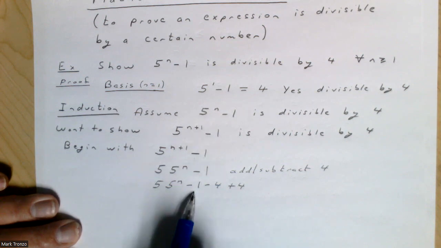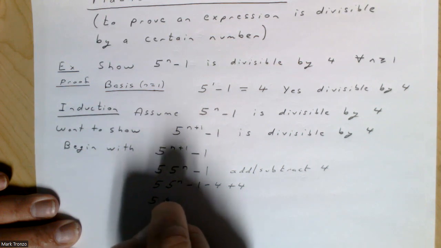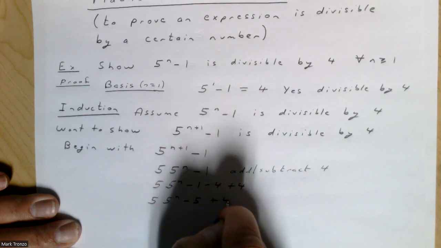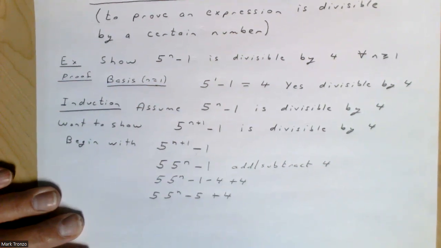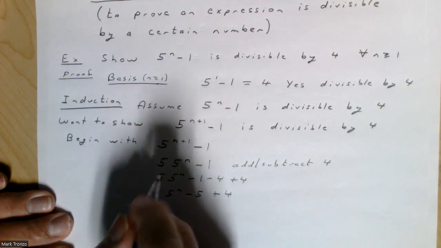Now let's put these two together. So it'd be 5n minus 5 plus 4. So now we can factor a 5 out of here and get this.